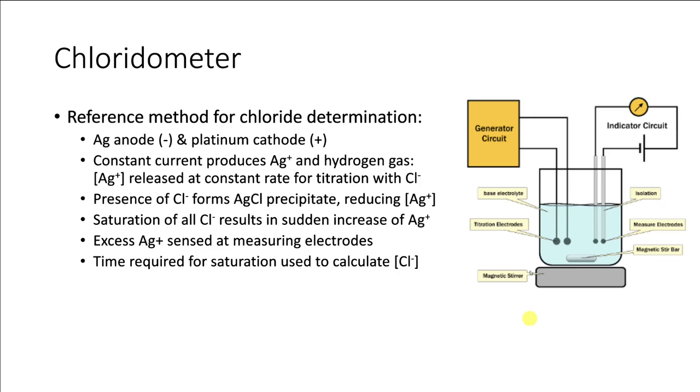When we saturate entirely all the chloride, that will cause a sudden increase in silver ions. That's what we mean when we say titration. So the moment that we detect a large amount of silver ions at the measuring electrodes, we can stop the reaction. The time that it takes to go from basically zero excess silver ions to all of them is what we use to calculate chloride.